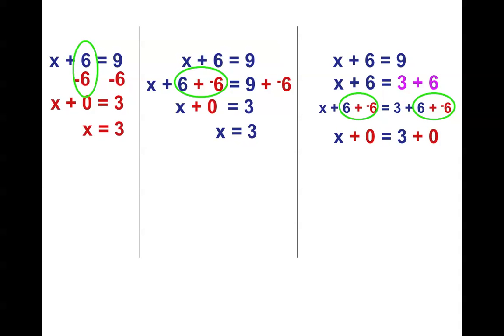So I get x plus 0 equals 3 plus 0, and we know that x equals 3. I like this way. It's very intuitive. However, you can notice these steps are longer than these steps. So use this to understand, and you may want to switch to one of these just to be able to go a little bit faster. Once again, if you check, 3 plus 6 equals 9.